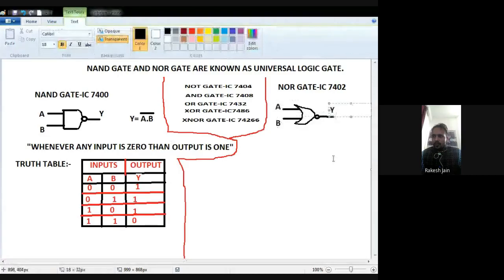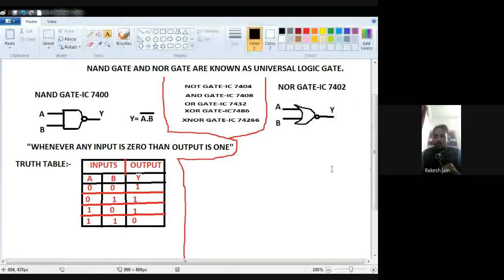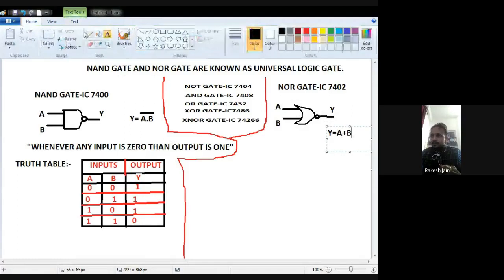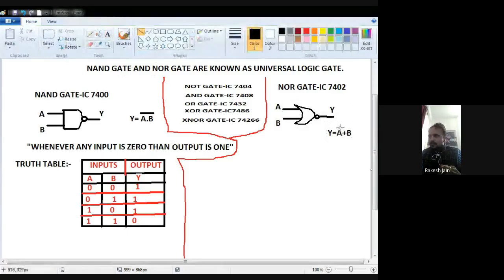See, this is the symbol for the NOR gate. Again here, A and B are my inputs and Y is my output. Okay. Now what is the equation?